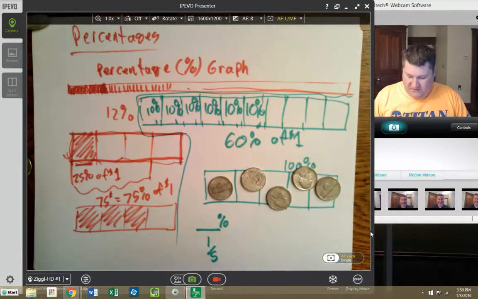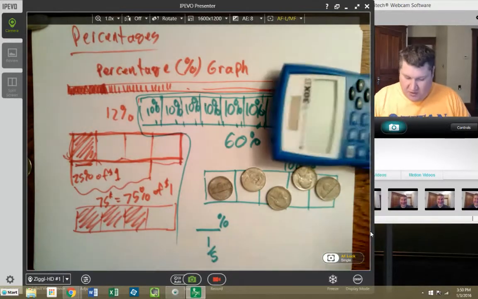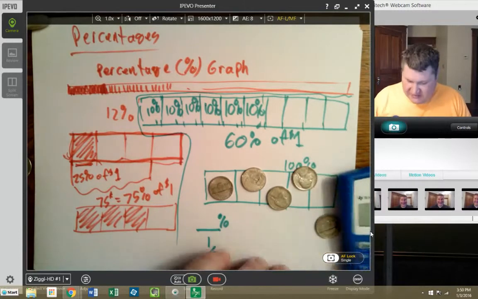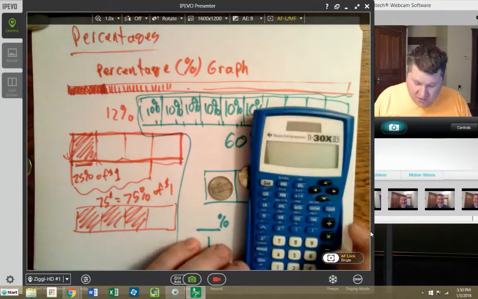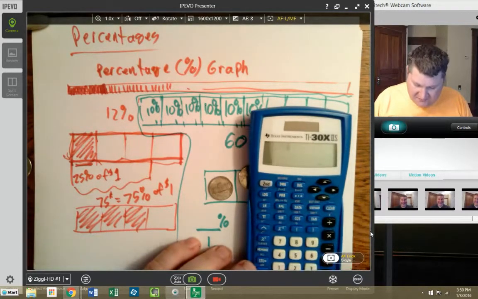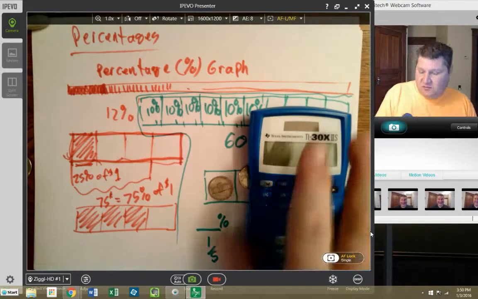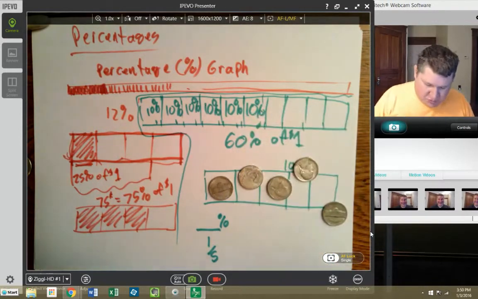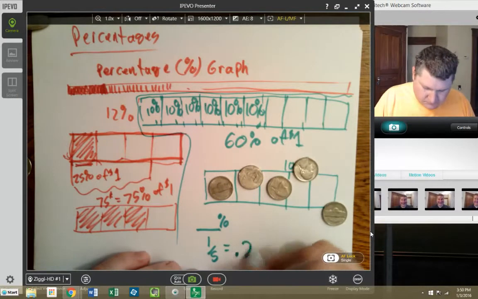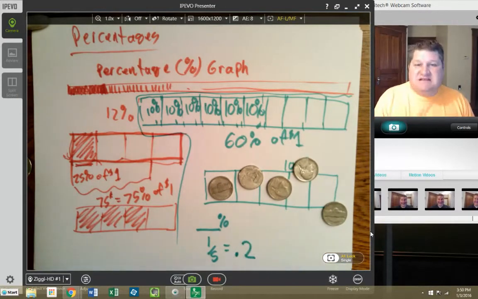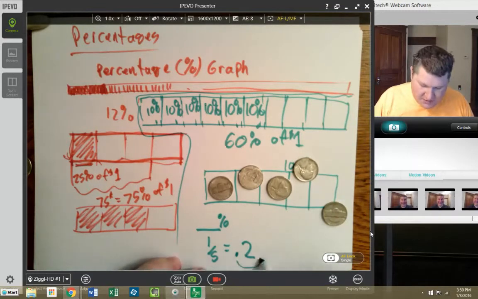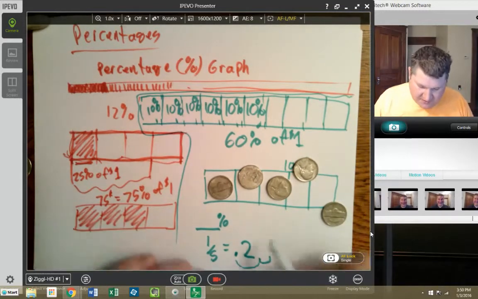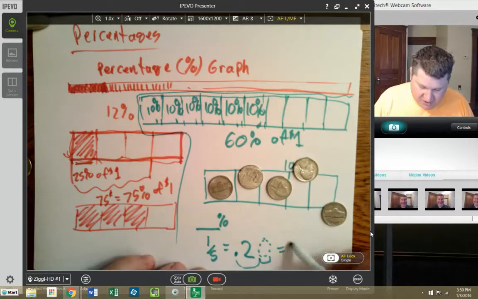To turn a fraction into a decimal, all I have to do is take the top number, 1, and divide it by the bottom number, 5. 0.2. Now, 0.2 is not a percent. It's a decimal. But how do I turn a decimal into a percent? 1, 2 spots over. And what do you put in the blank spot? A 0. And so that's going to give me 20%.